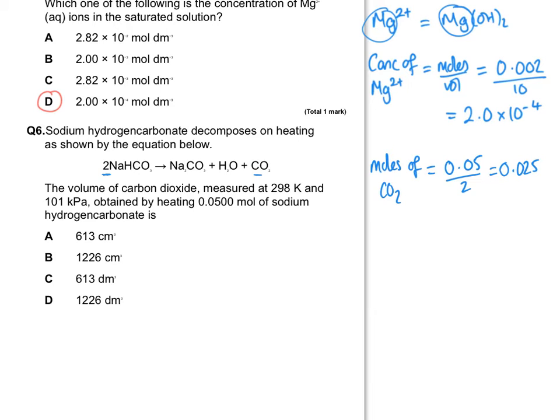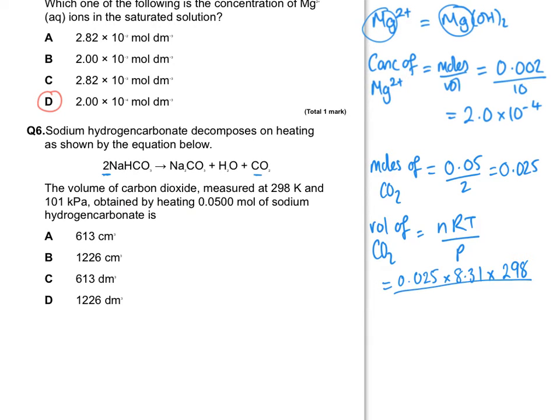Okay, once we've got that, we can put it into the ideal gas equation. Don't forget to correctly convert all of your units. Now, temperature is already given to us in Kelvin, so we don't need to do anything with that.